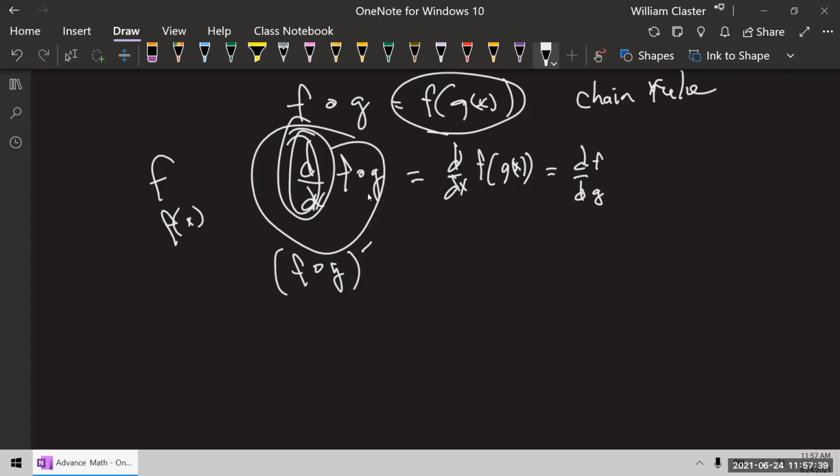Okay, so if I write that way, then it doesn't look so bad. If I write it this way instead of this way, this won't look quite as confusing. So let me write it this way: df dg, dg dx. So that's the answer to the derivative of a composition. It's df dg dg dx, but this is a little confusing.